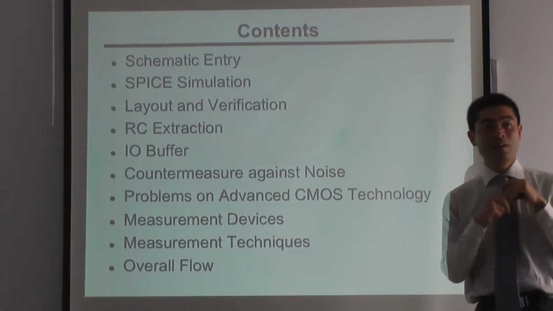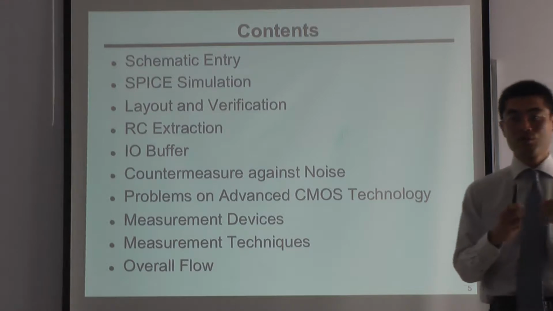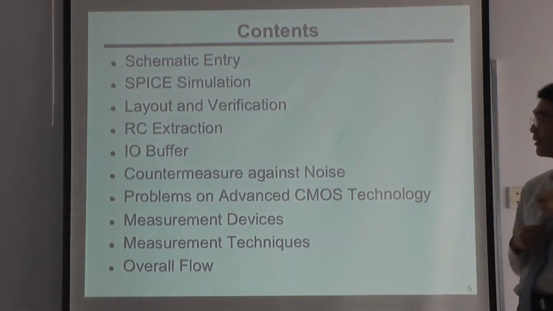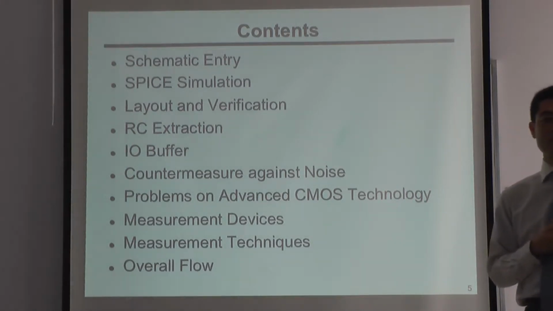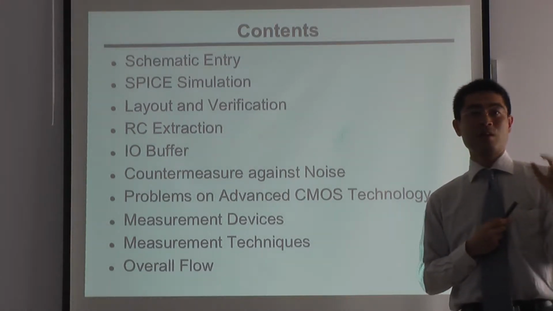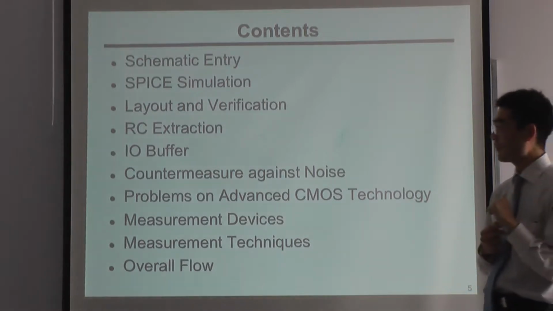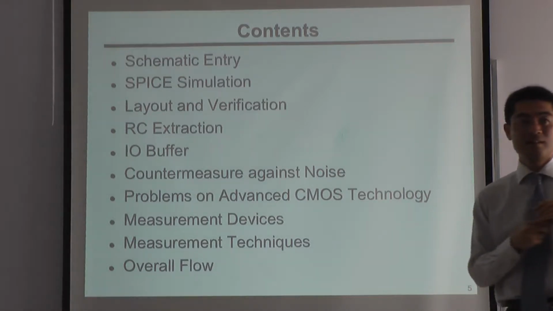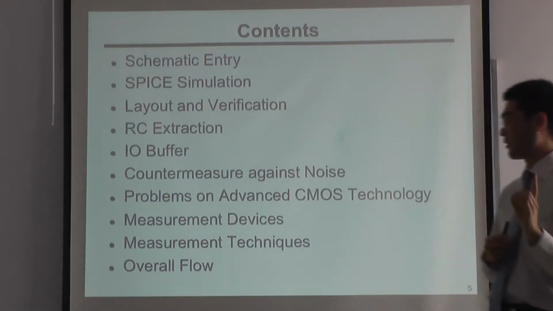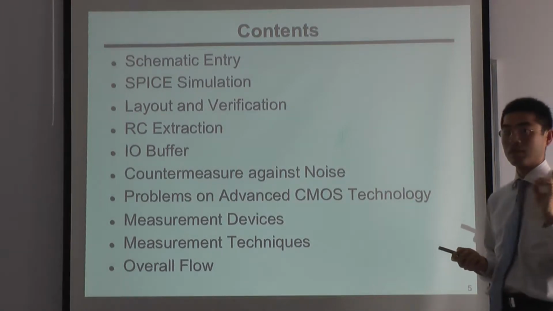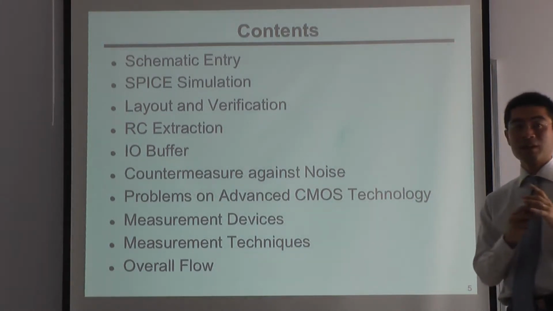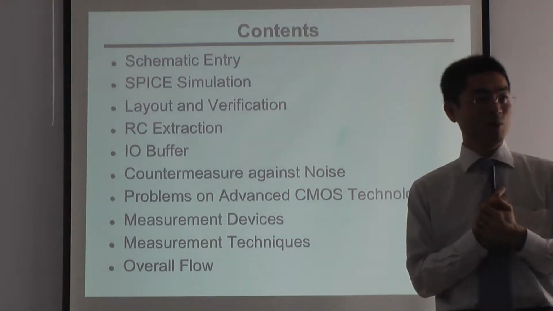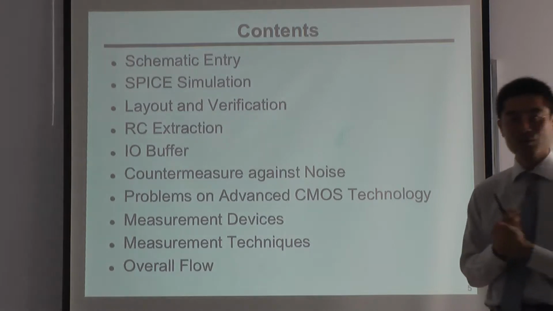And after that, we run RC extraction to estimate the effect of wire R and C. And then we have to know about I/O buffers, what kind of I/O buffer we have to use. And usually this is the end of design, but we have to think about noise. There are many kinds of noise, and we have to design a noise-immune circuit. So we have to know about noise.